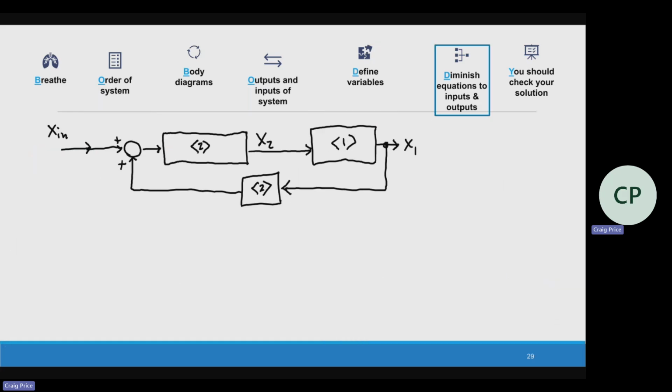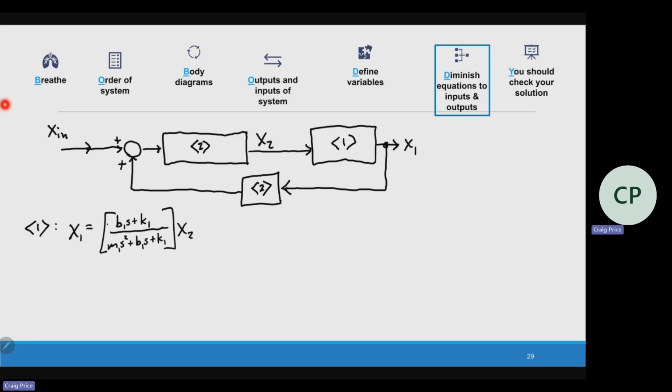So for example, for this block diagram 1, the transfer function would be x1 is equal to, here's our transfer function, B1S plus K1 over M1S squared plus B1S plus K1, all times X2.